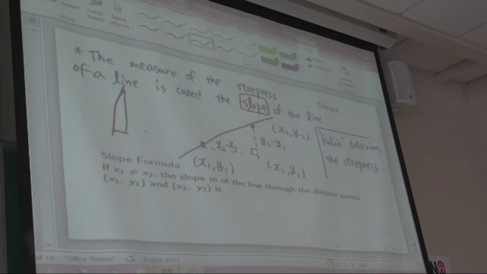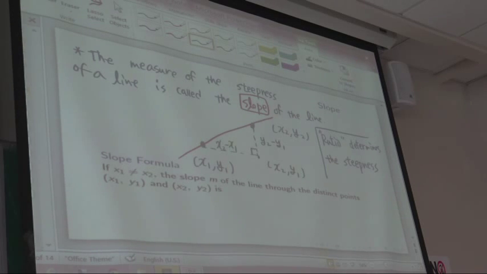Then if x increases a lot, but y increases really small, that has almost a tiny bit of stiffness, and this has a large stiffness, right? So depending on the ratio of these two values, x2 minus x1 and y2 minus y1, we can define the slope of the linear line.